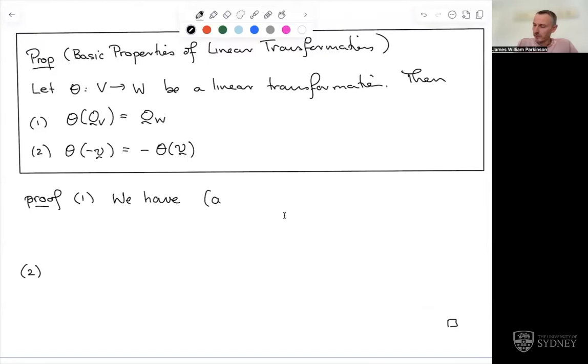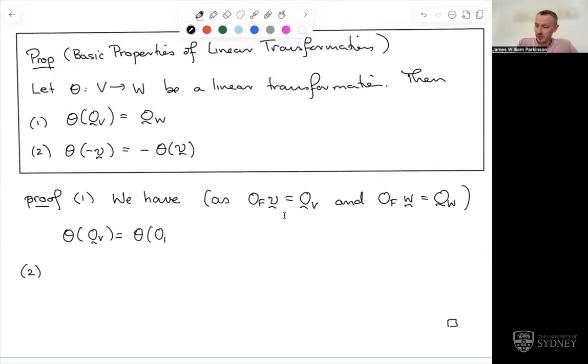There are multiple ways of proving these things, but since we've already shown that 0 times anything is 0, and similarly anything in W I get 0 of W. We have that theta of the 0 vector of V is theta of 0 times 0, the 0 in the field times the 0 in the vector space.